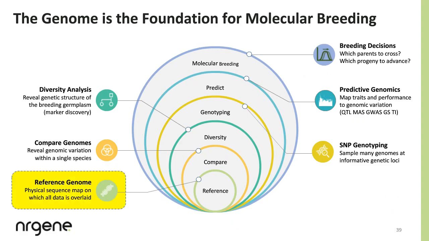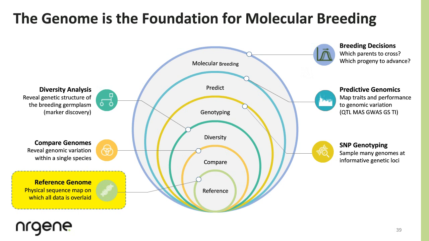The goal here is crop improvement, and the means to get there today is often molecular breeding. The company was really founded on the principle that a reference genome is a solid foundation for molecular breeding and most crop improvement programs in the 21st century.